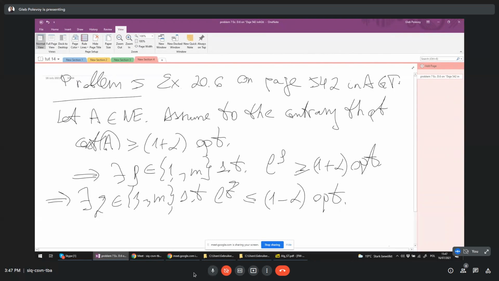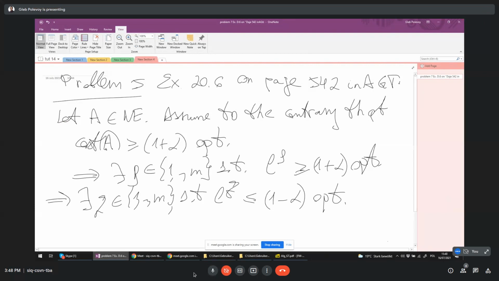No, because we don't have a bound on the number of tasks, right? We don't, and I don't use anything. So let's see. We assume that the cost is at least 1 plus alpha times optimum. Yes, assume by contradiction. Then it means by definition that there is a machine such that the load on that machine under A is at least 1 plus alpha times optimum, right?